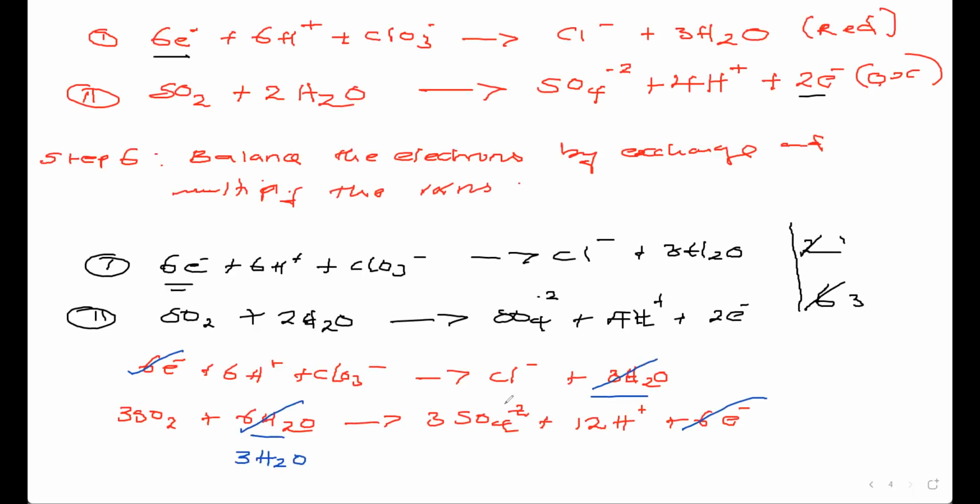After you have done the cancellation, you now need to add the two reactions, which means all the products must be on one side and all the reactants on the other side. So step number 7, add the reactions. Right, so after you've cancelled, you go to step 7. Step 7 is to add the two half reactions.